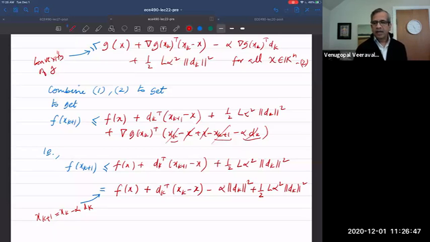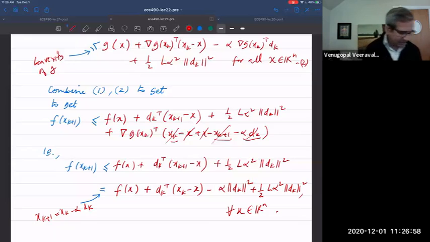So we have this, and all this holds for all x belonging to R^n. That's important because I'm going to take 2 special cases of this x in just a minute. Right, so far so good?